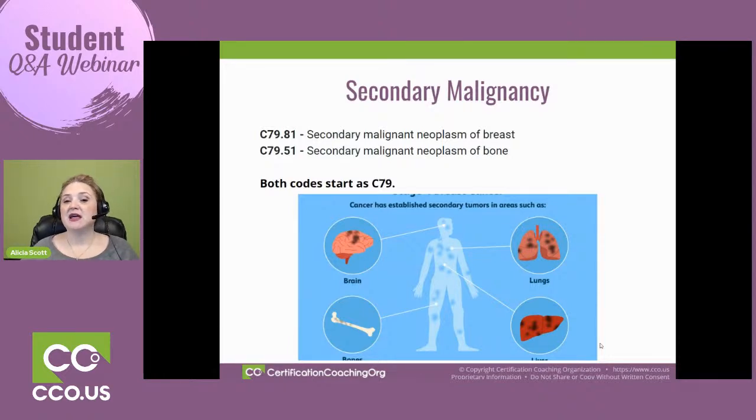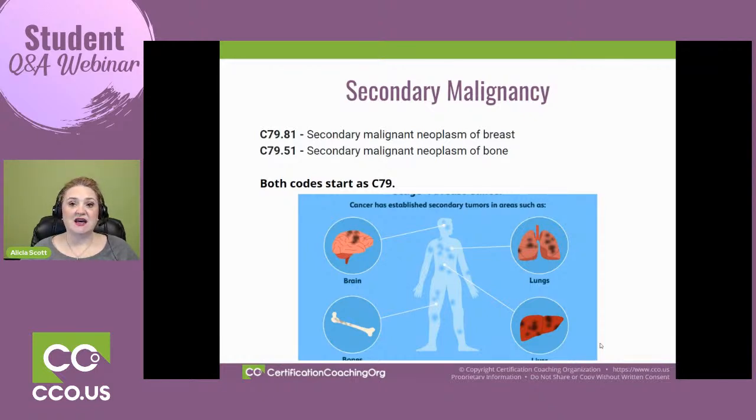The caveat to that is that if you go to the oncologist, and the oncologist is treating both the breast cancer, which is primary, and the bone cancer, which is secondary, then if both cancers are being treated that day, you would list them as primary and then secondary.